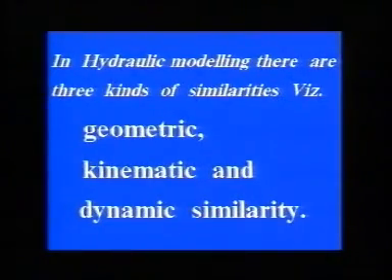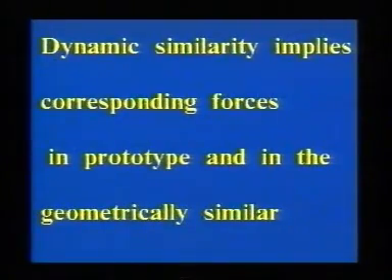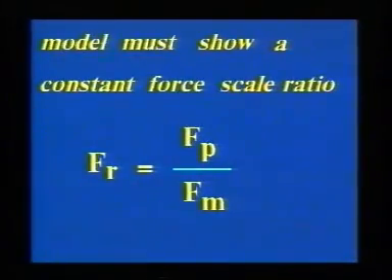In hydraulic modeling, there are three kinds of similarities, namely geometric, kinematic, and dynamic similarity. Dynamic similarity implies corresponding forces in prototype and in the geometrically similar model must show a constant force-scale ratio Fr, equal to Fp divided by Fm.